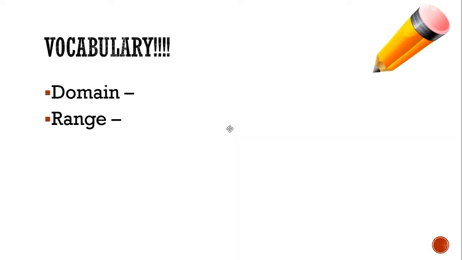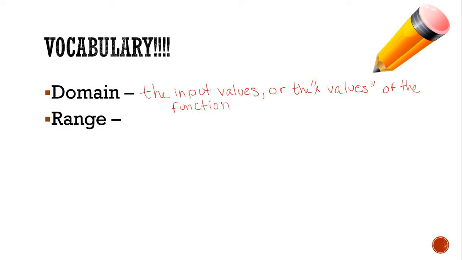But first, some vocab: domain and range. We haven't used those words exactly. Domain is your input, so these are the input values, which most of the time we'll call x values. Your domain is always your x values of the function, so we're always going to want to find our x values for domain.